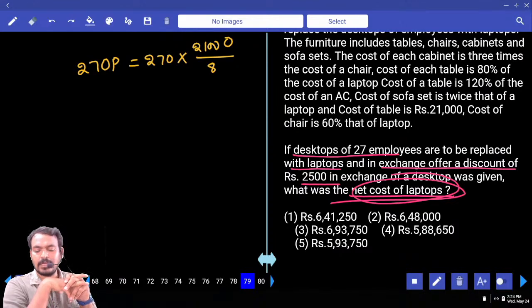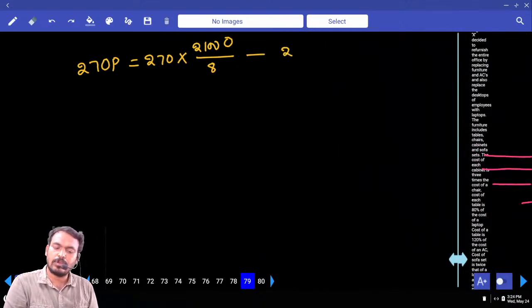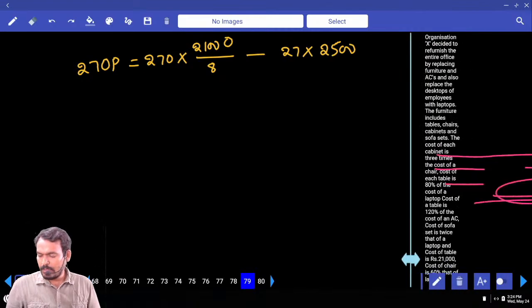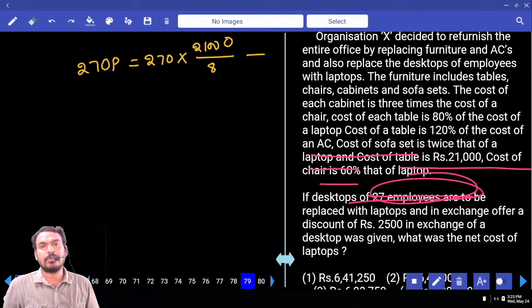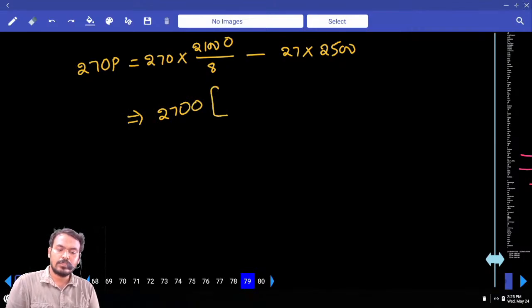In that, how many rupees of discount is given? Each one 2,500. For 27 laptops, we write minus 27 into 2,500. Subtracting these two, we get the net cost of all the laptops. All the laptops. What is the common value? 270 is common, or 2,700 is also common. 2,700 is common.